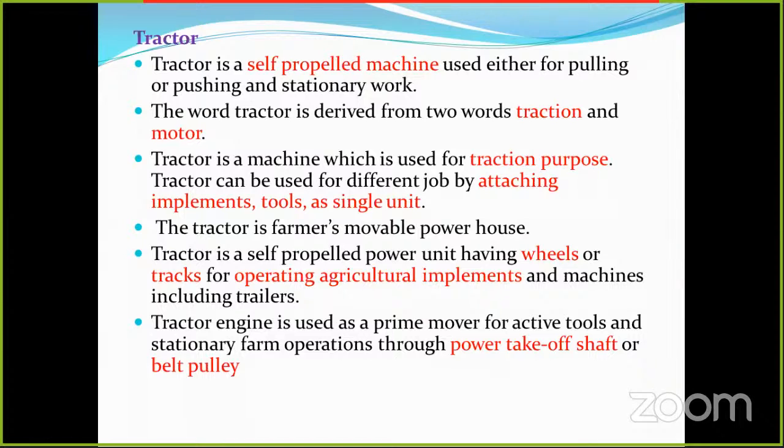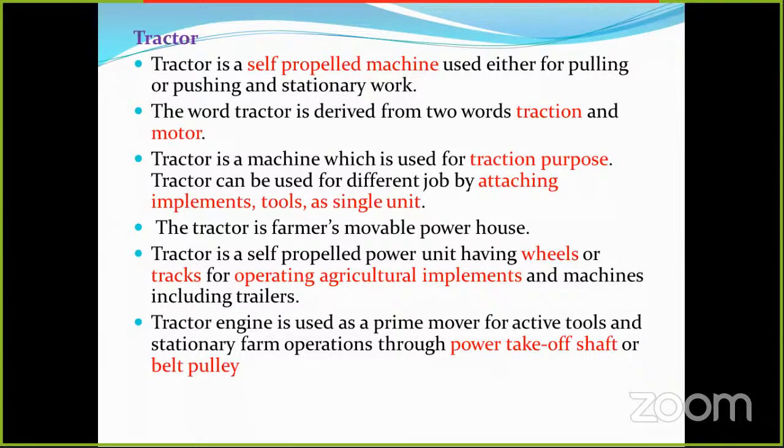Next, firstly the tractor was operated with tracks, meaning chains. Later it was developed to pneumatic tires. And one more thing here is the power take-off shaft, the PTO shaft.